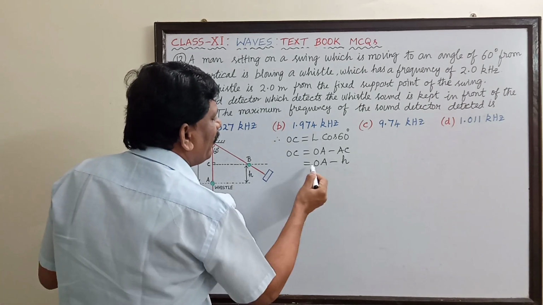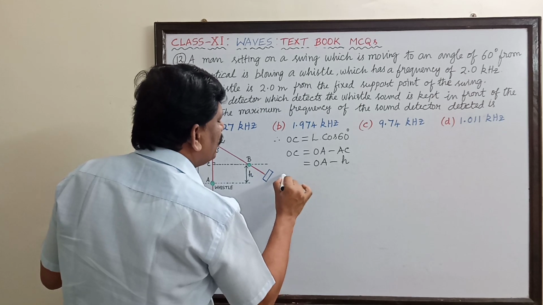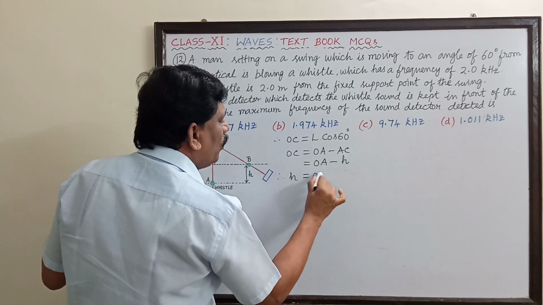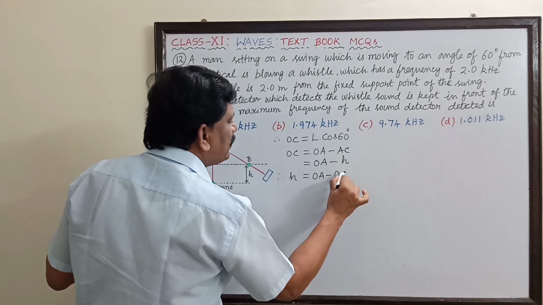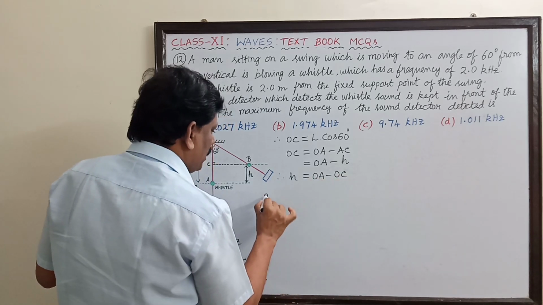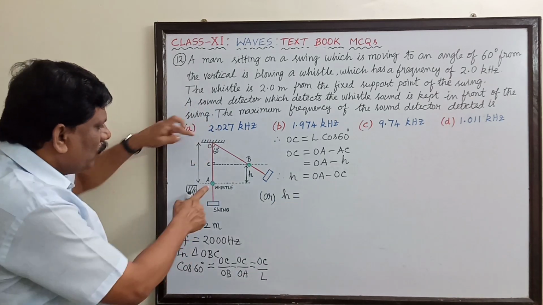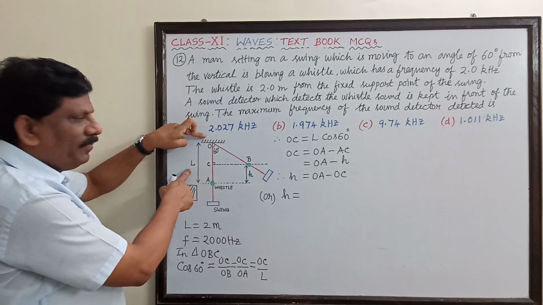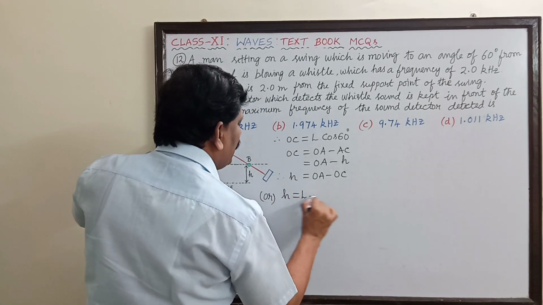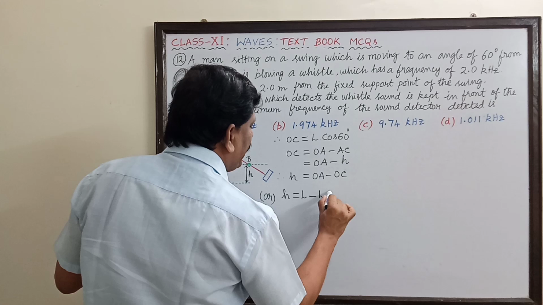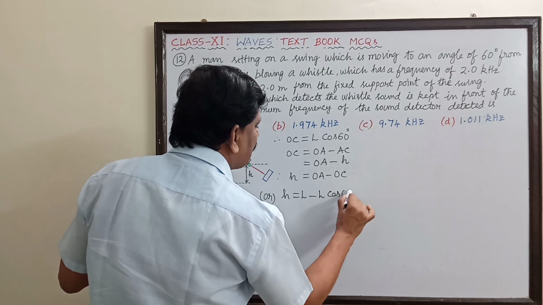So I can write this height h is equal to OA minus OC. OA is L, so h is equal to L minus OC, which is L minus L into cos 60.